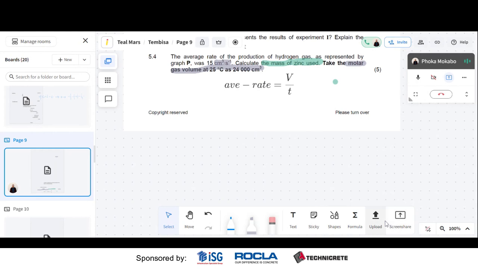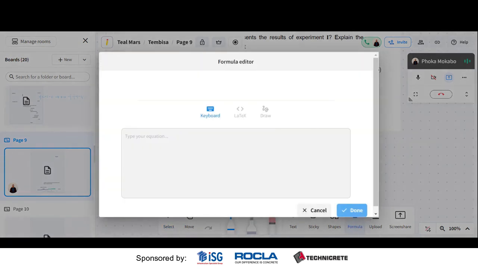So if you substitute in, you will have 15 being equal to V, which we still need to find, over the time, which is 30 seconds minus 0, because that's where we started.